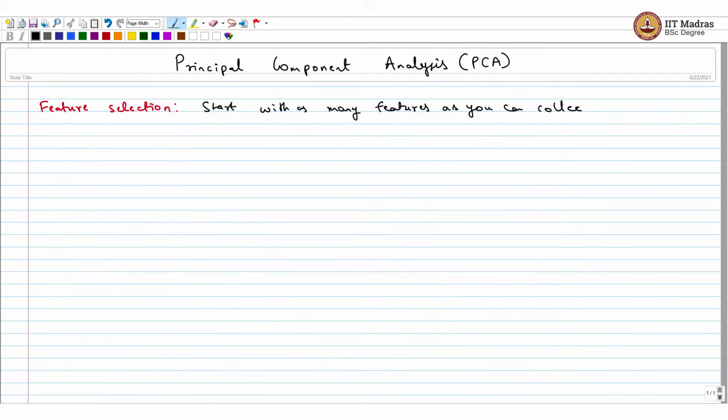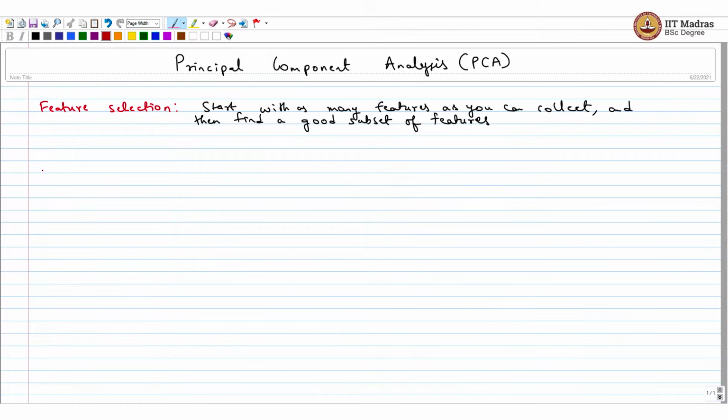Now this just means that you're going to have high dimensional features, and then you use some methods for dimensionality reduction. PCA is a very popular alternative. So what you do is then find a good subset of features. Now this is the broad problem of feature selection.